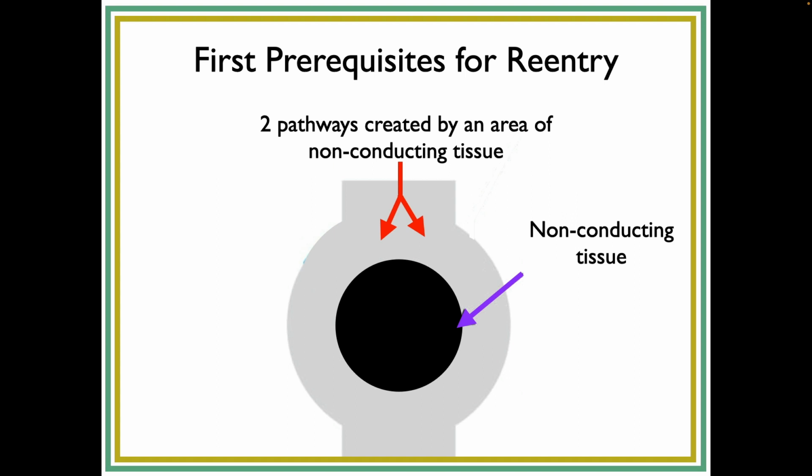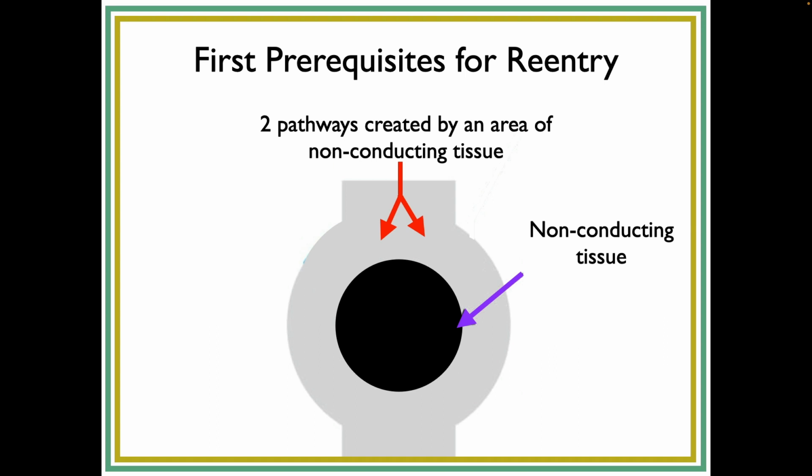So the first thing we need, not necessarily the most important, but the necessary prerequisite, is that we have to have a little patch in the heart, or maybe a big patch, that is non-conducting tissue. Why would that be? Well, there's a number of reasons. Suppose somebody had a previous infarction and they have a little piece of dead tissue in the heart.